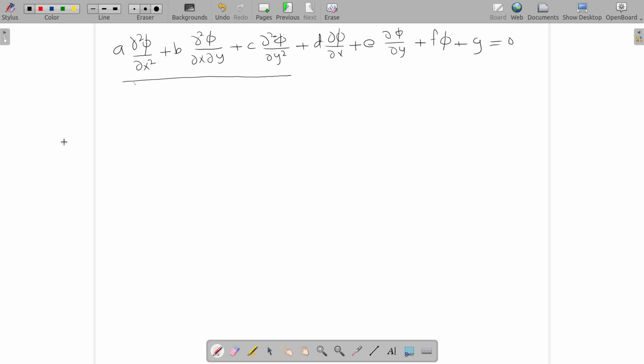Depending on the existence of roots of the characteristic equation, I'll just write down a characteristic equation here.